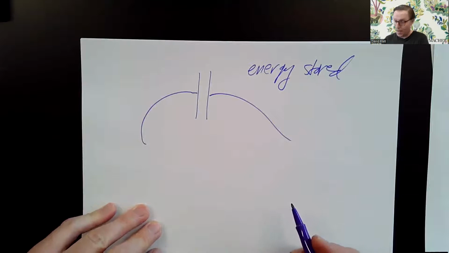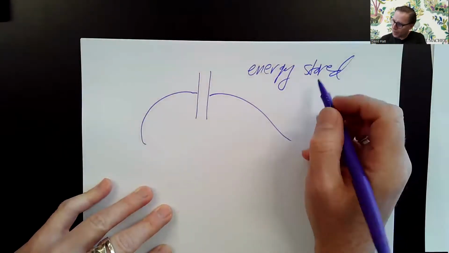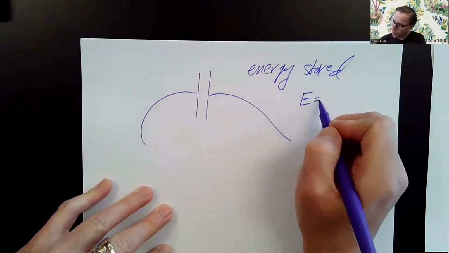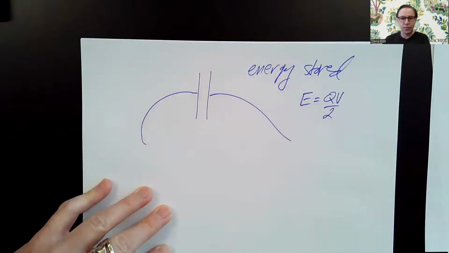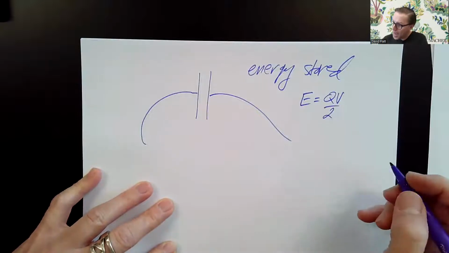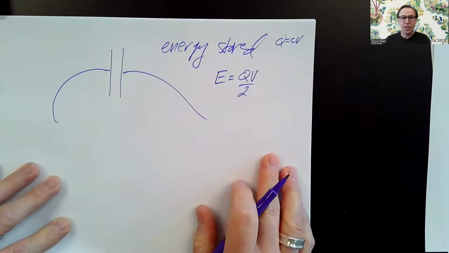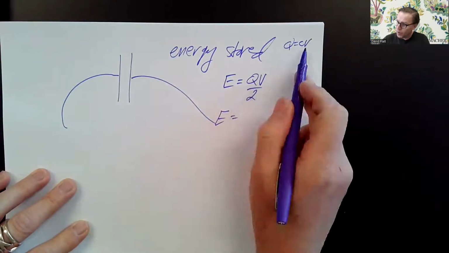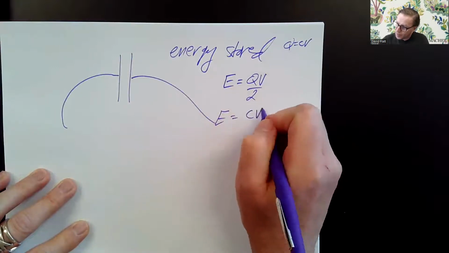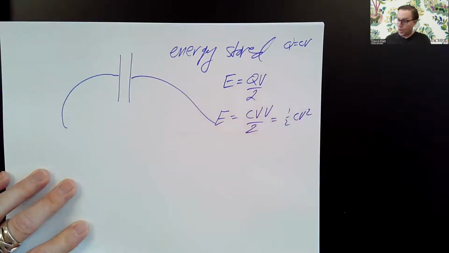One of them was energy stored was QV over 2. Does that sound familiar? And then because Q equaled CV, we also could have said energy equals, instead of Q, I'll write CV. CV, V over 2, 1/2 CV squared.